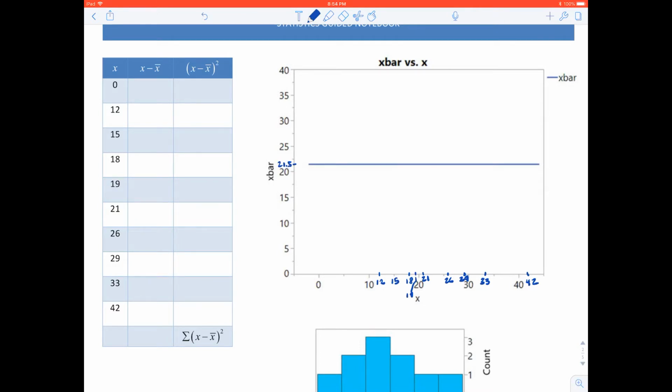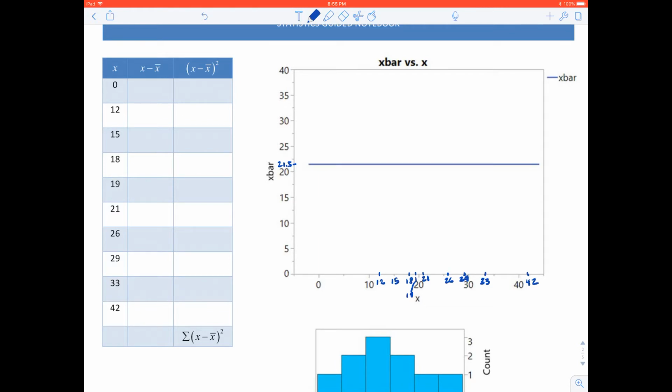Okay. All right. So next up, what we're going to look at is, how far away does each of these data values measure from the mean? So it's really just distances we're looking at. If you end up with a positive when you subtract x bar from x, then that means you're above the mean.